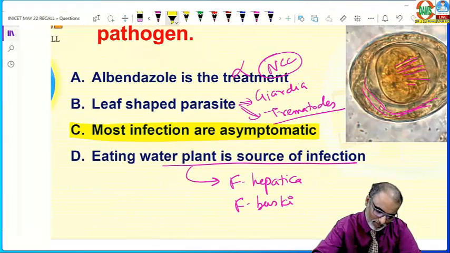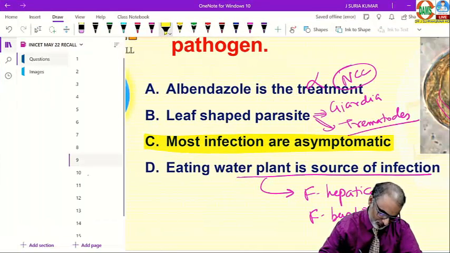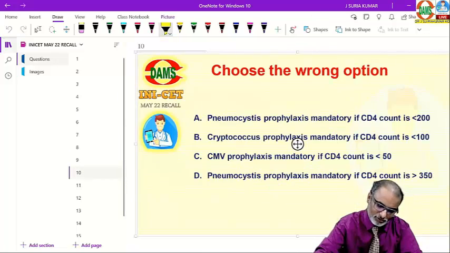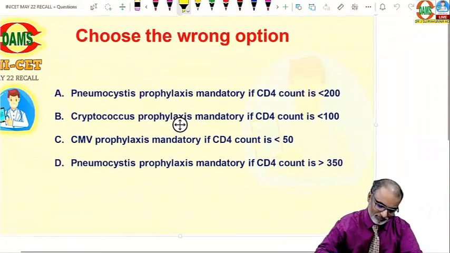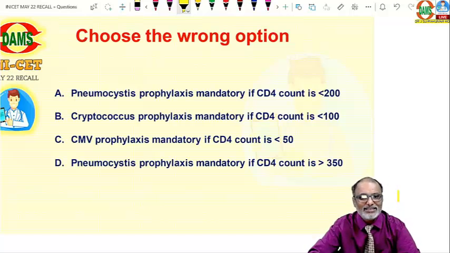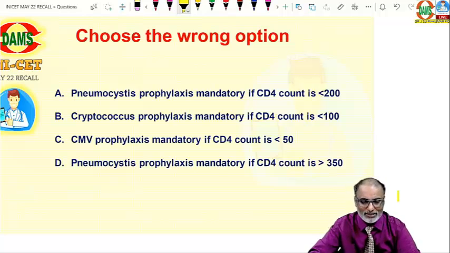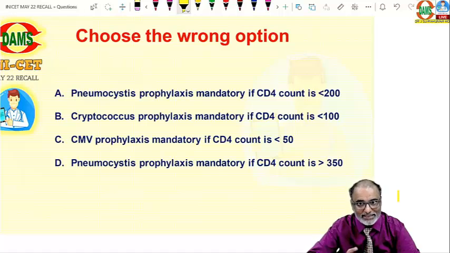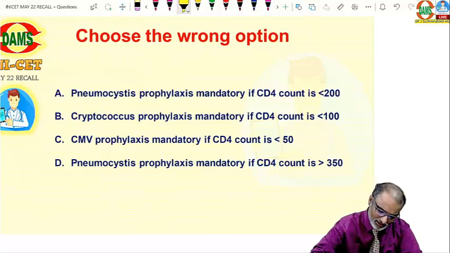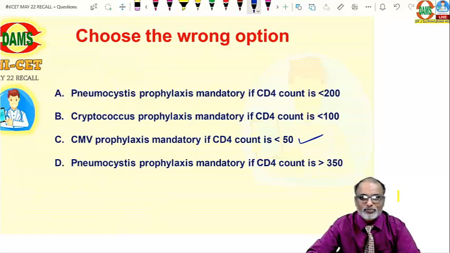Next is: choose the wrong option. Chemoprophylaxis. For that you should know at which CD4 count the common opportunistic infections occur. There is a government guideline: less than 50, you can go for cytomegalovirus. Less than 100, cryptococcus, toxoplasma, those kinds.